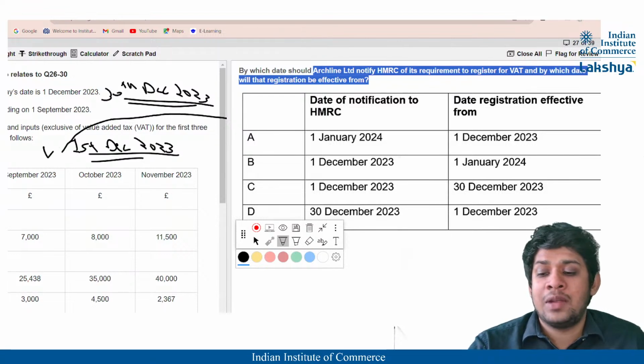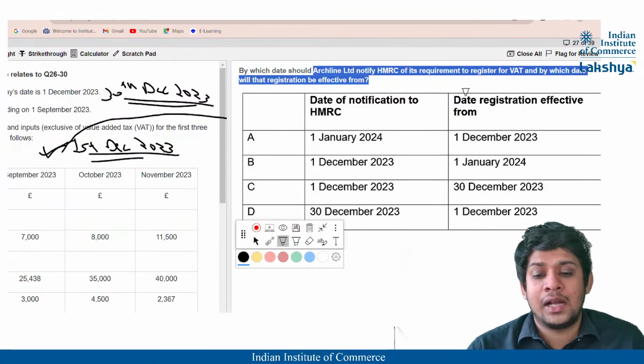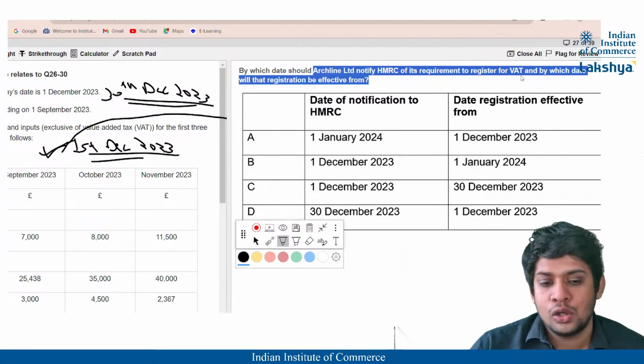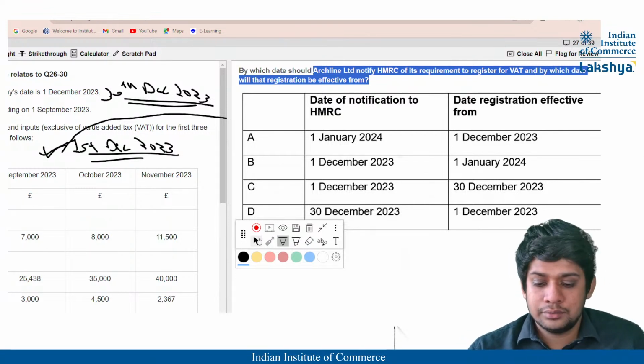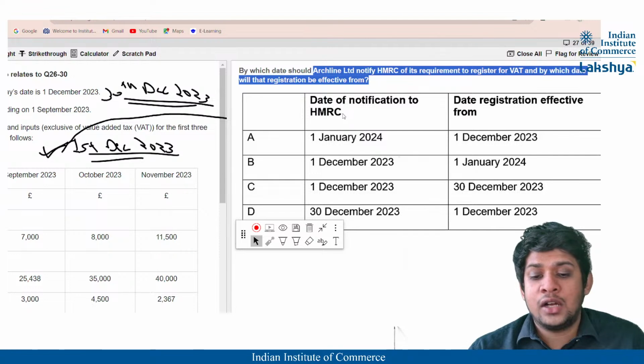And as I told you guys, it will be effective from 1st December 2023. Okay. So, our answer will be date of notification to HMRC. You have to notify HMRC by 30th December 2023.